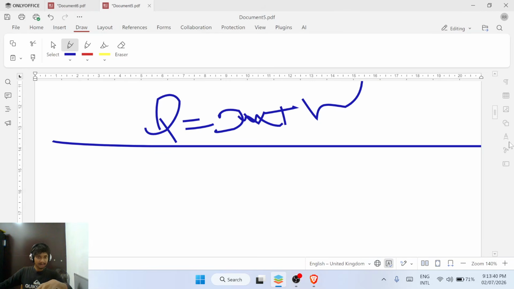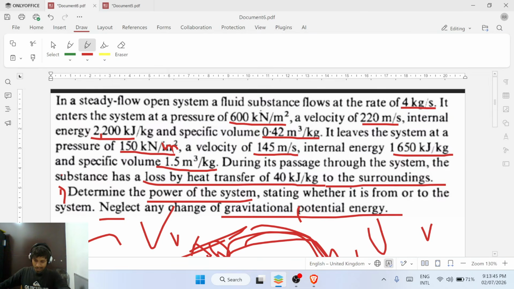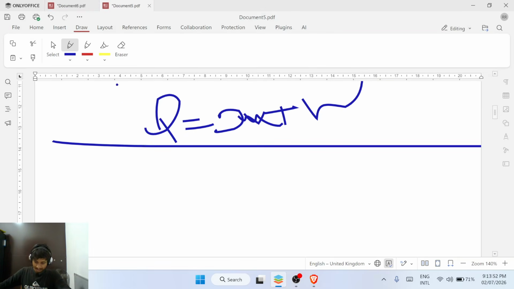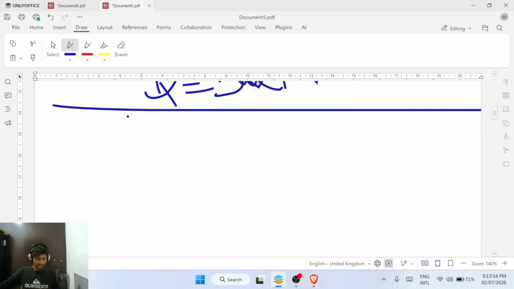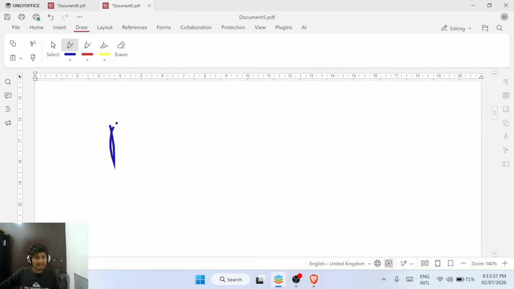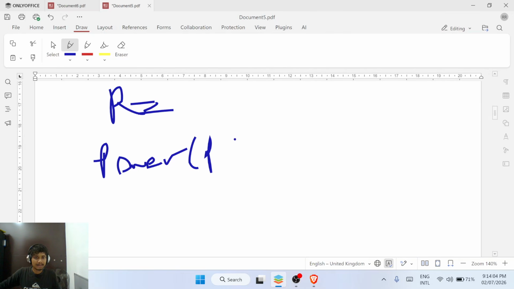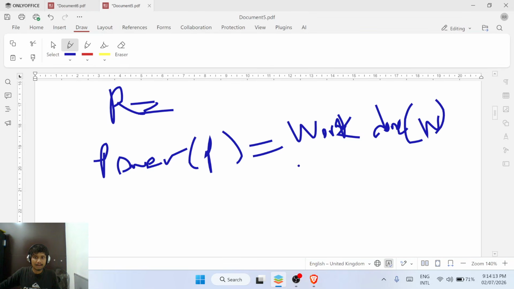Now the question is the power output of the system. First, we have to consider power. We already know power P is equal to work done W by time t.